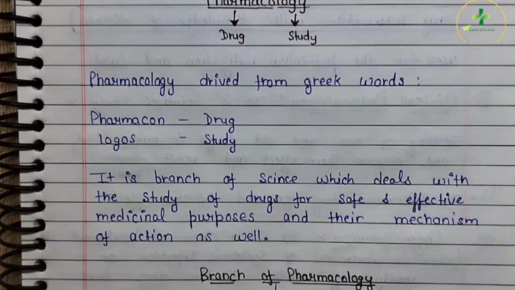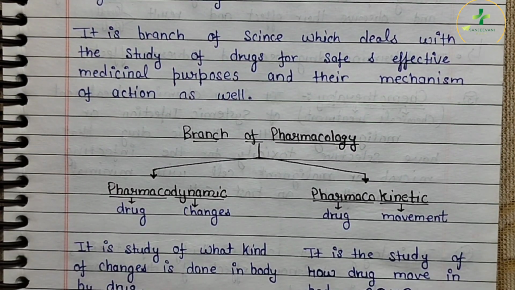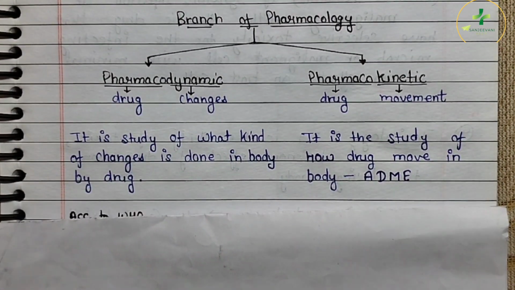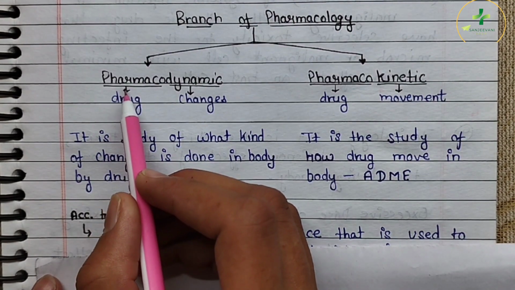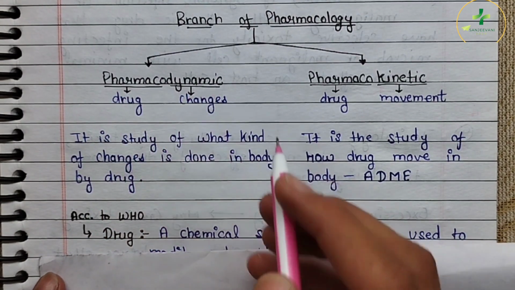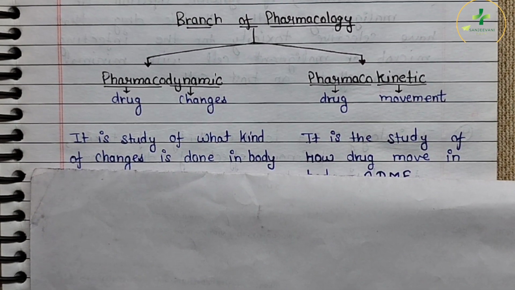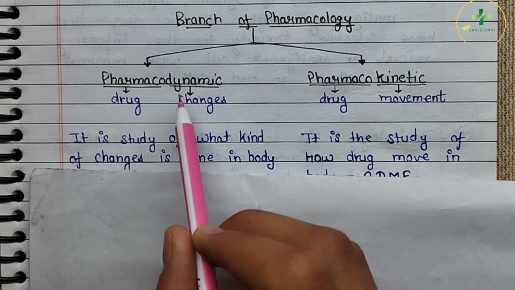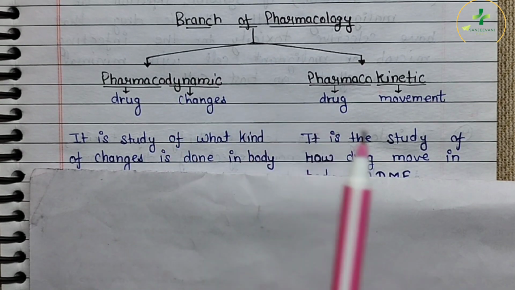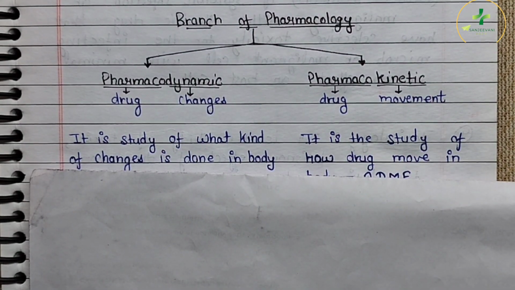Now next one, the branches of pharmacology. There are mainly two branches. The first one is pharmacodynamics. For your easy understanding, pharma means drug, and dynamic, as you know, static versus dynamic.